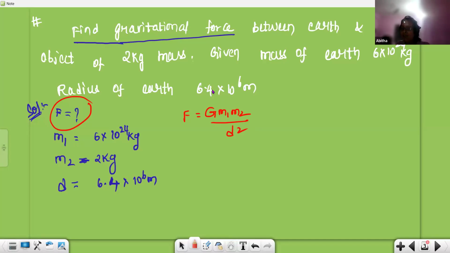And what is the value of G? We know the value and you need to plug the value in exactly. It is 6.67 into 10 power minus 11. I told you to memorize it. Units are Newton meter square per kg square, so the division part we can show with minus, kg inverse 2. One mass is 6 into 10 power 24 kg, another mass is 2 kg. Understand?